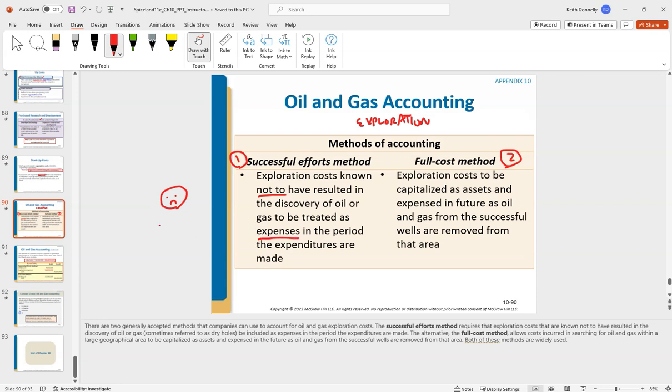You expense those. Anything that would be a smiley face, you did find gold, you would capitalize. In distinction, the full cost method says any money you put into it, regardless of the outcome, you're just going to capitalize it.